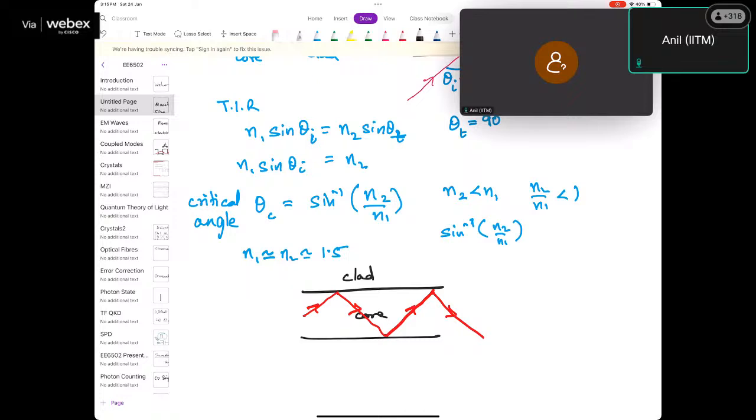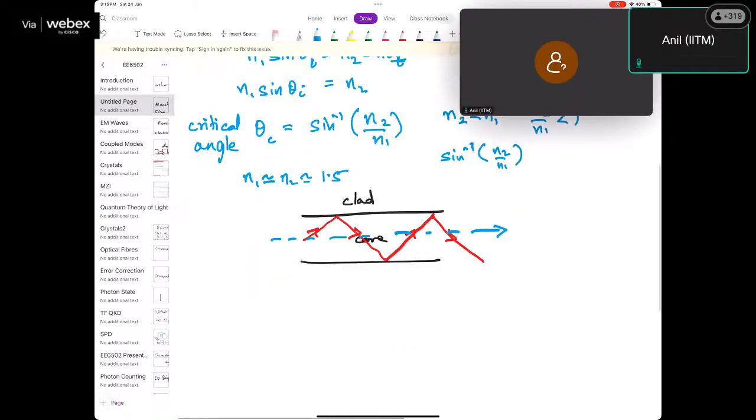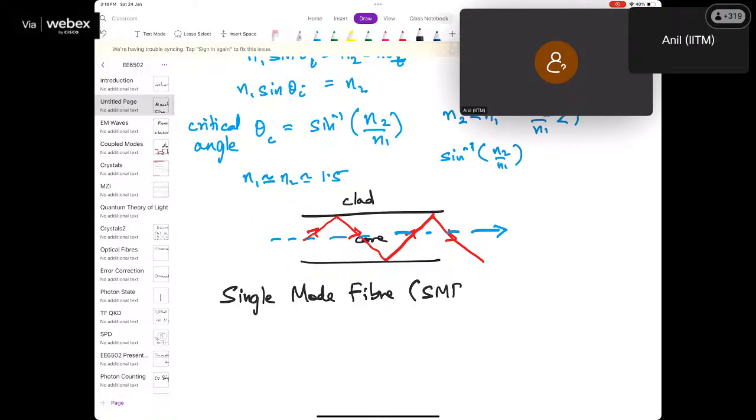And this allows me to pretend that it's effectively going forward in this direction down the fiber. So that's one of the basic ideas. And the fiber we talk about is what we call a single mode fiber, or SMF. More specifically, we talk about SMF 28.